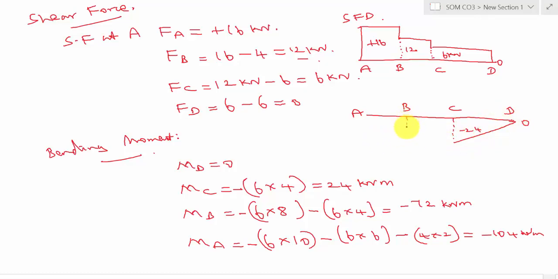Then at point B, the bending moment is minus 72 and it's again another linear line. And at point A, the bending moment is minus 104. Then connect point A and B with a linear line because it is a point load.